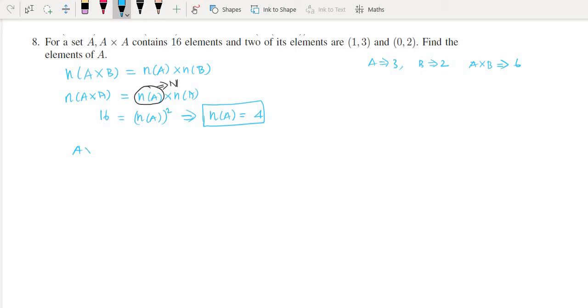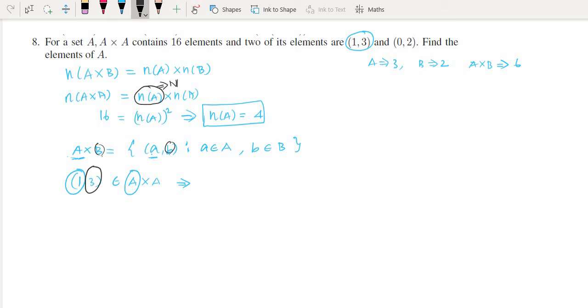And again, from the definition of Cartesian product, A cross B is nothing but the set of all elements of the form (a, b) such that a, the first element, is an element of the first set and the second element b is an element of the second set, such that a belongs to A and b belongs to B. So if I consider (1, 3), because (1, 3) is an element of A cross A, this 1 is an element of our first set and this 3 is an element of the second set.